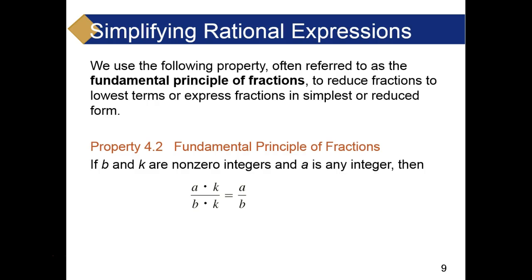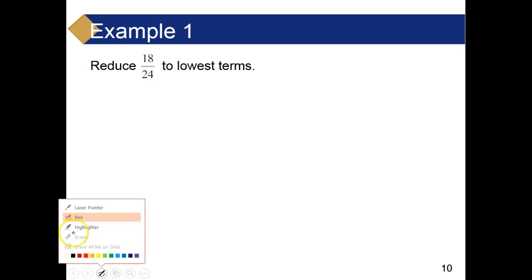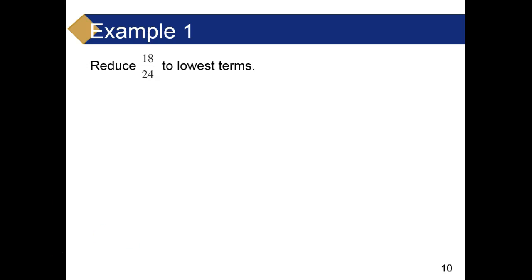Now this looks pretty simple this way. Let's actually do it with some numbers. Let's reduce that to lowest terms. You know how to do this. You've been doing this since grammar school, right? What would this be? Let me get my pen activated. Okay? 3/4, is that what you said?